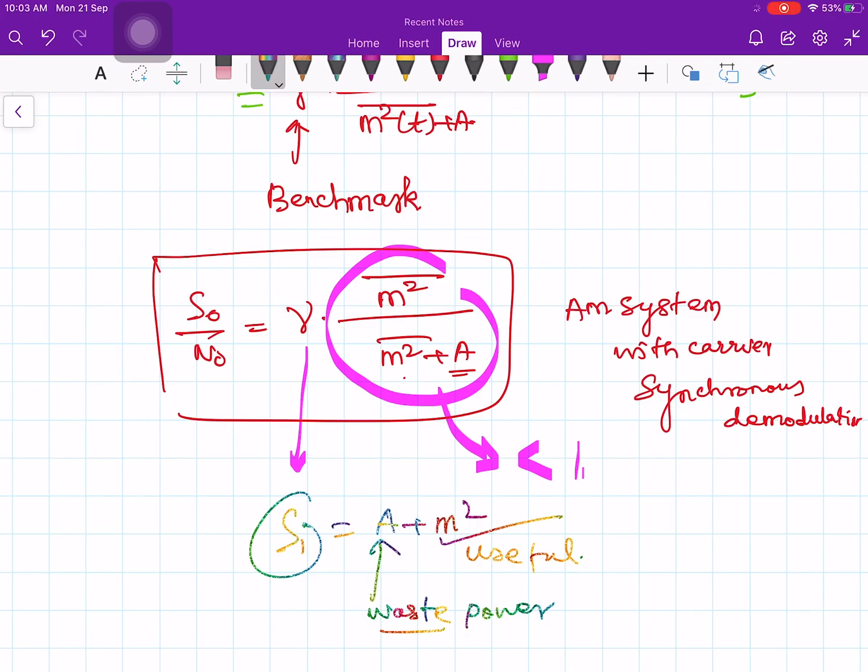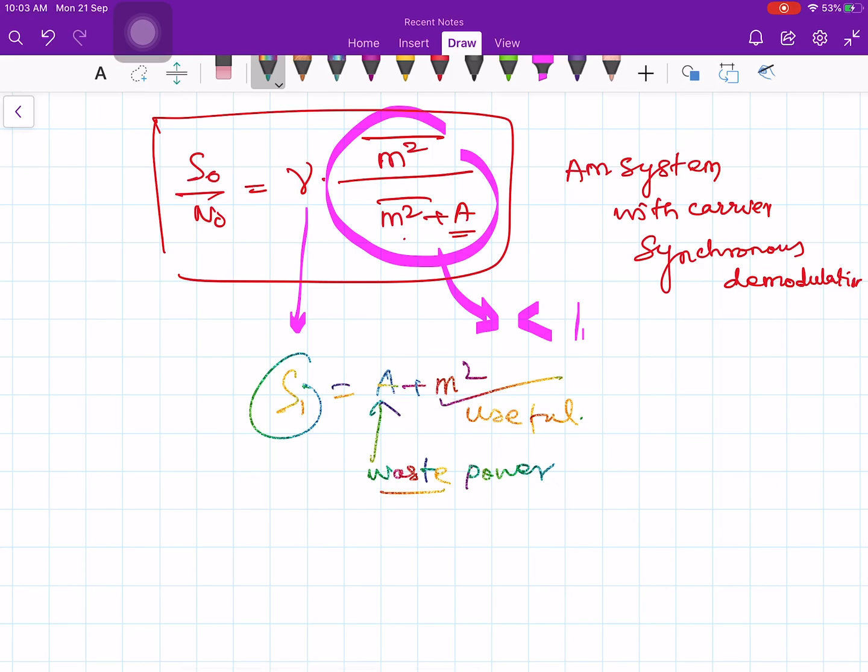To get the same SNR as the other systems like DSB-SC and SSB, you have to have a high value of gamma, because of this attenuation factor that is coming into the output SNR. If you increase the gamma value, then there is a chance.